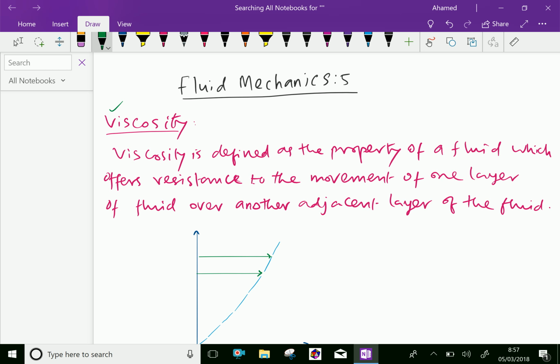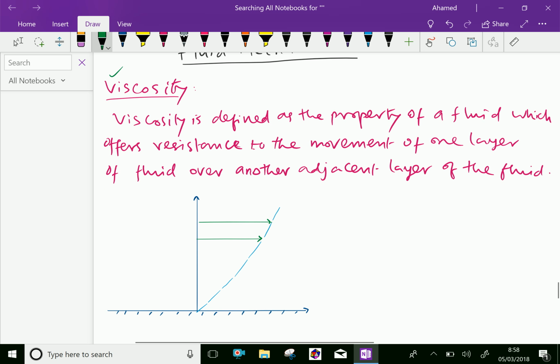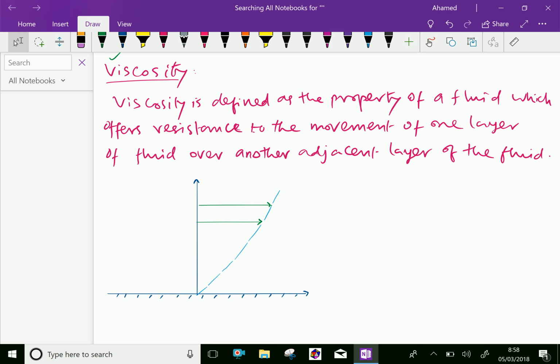Viscosity is defined as the property of a fluid which offers resistance to the movement of one layer of fluid over another adjacent layer of the fluid. Suppose consider this figure.